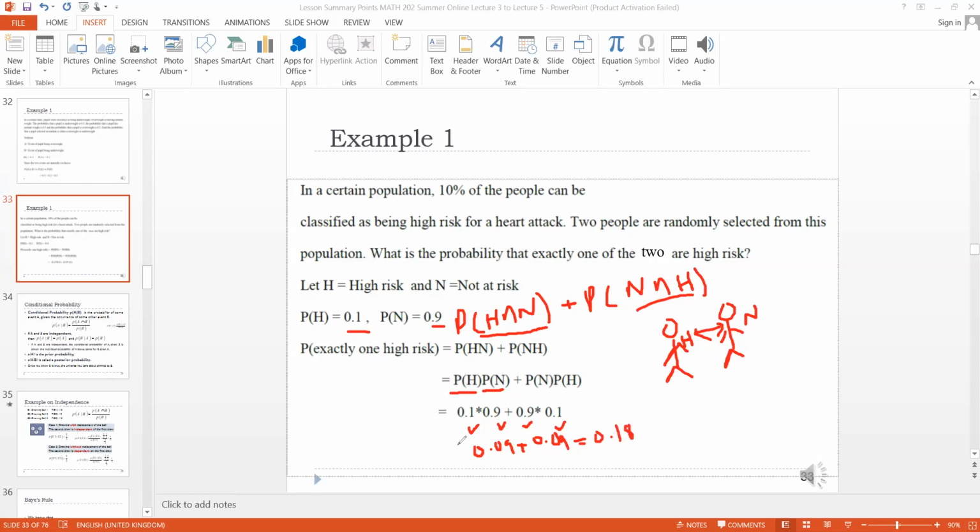So this is the chance of selecting an individual who has a high risk from exactly two people. So there's an 18% chance that one out of the two people will be at risk of a heart attack.